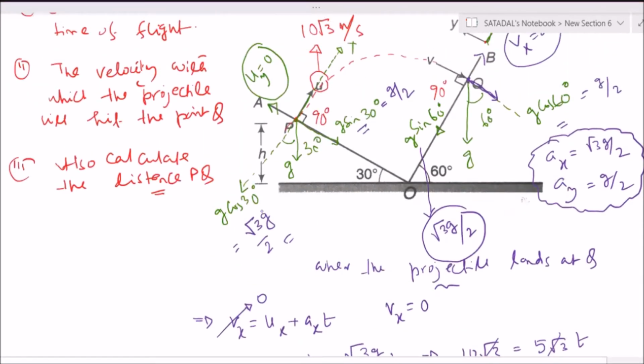This is x-axis, right? So what is the acceleration along x-axis? Root 3 g by 2 only. Sir, but on the left side we'll get g by 2 along x-axis. No! g cos 30 degree, root 3 g by 2. Okay, sir. Okay?